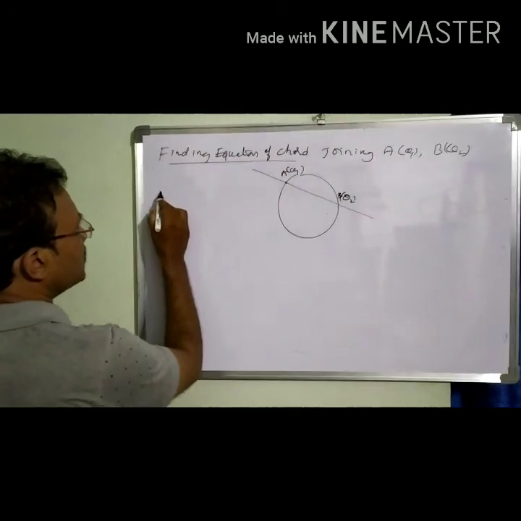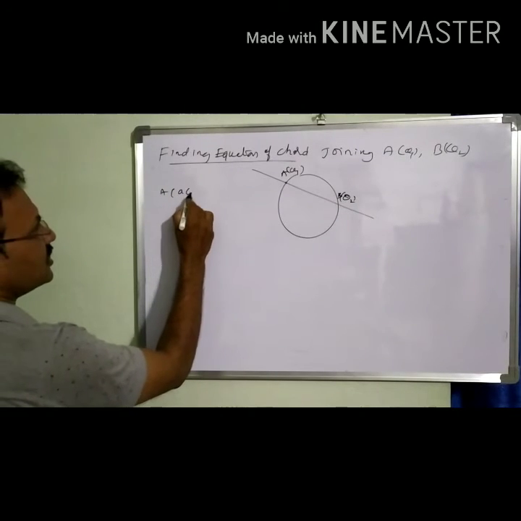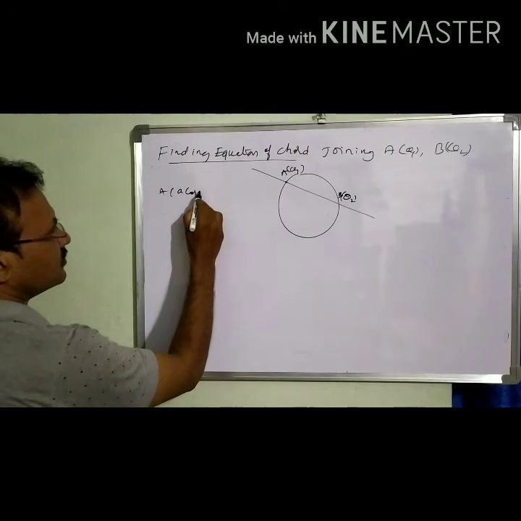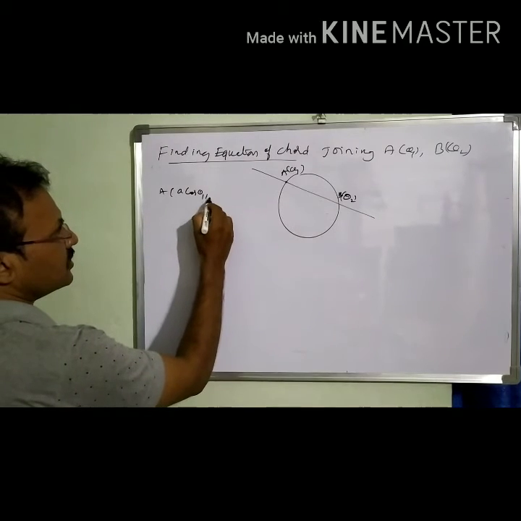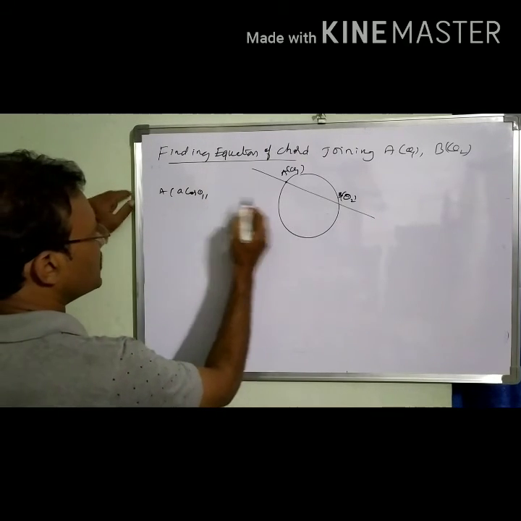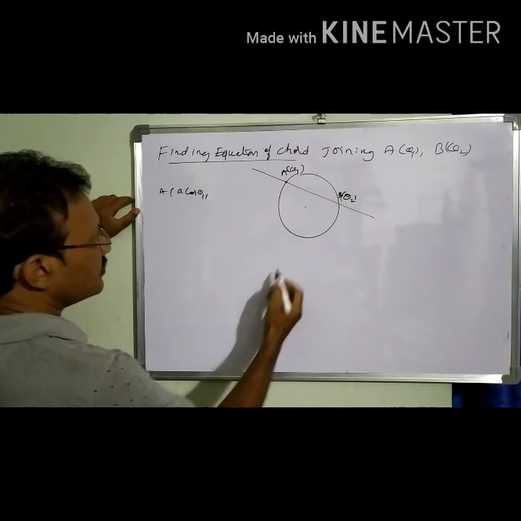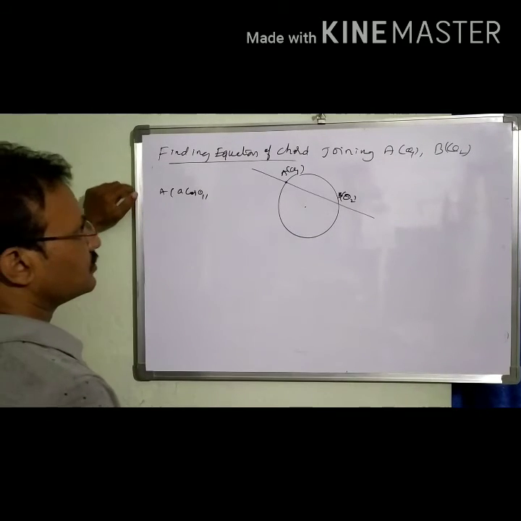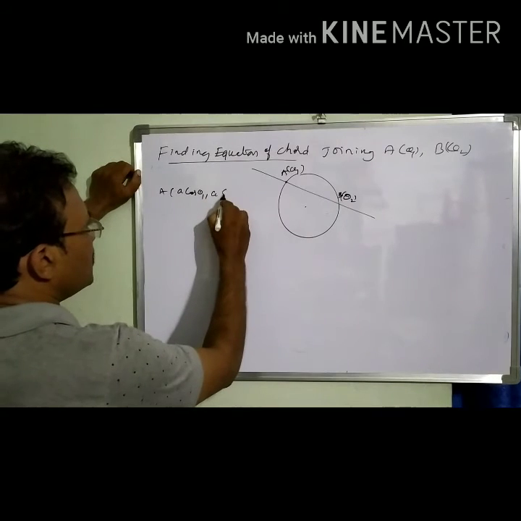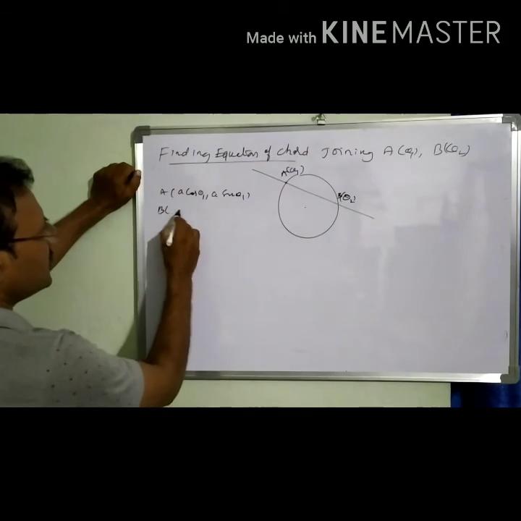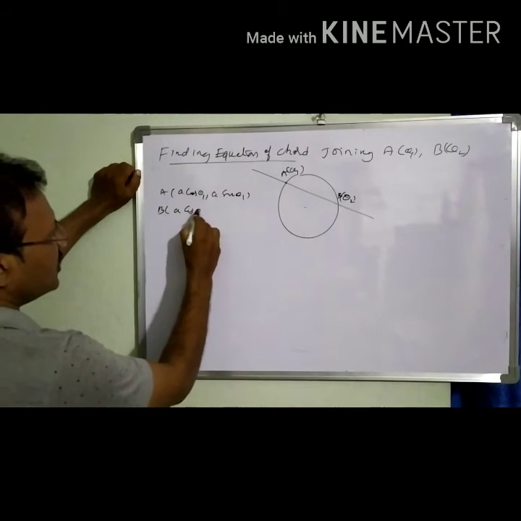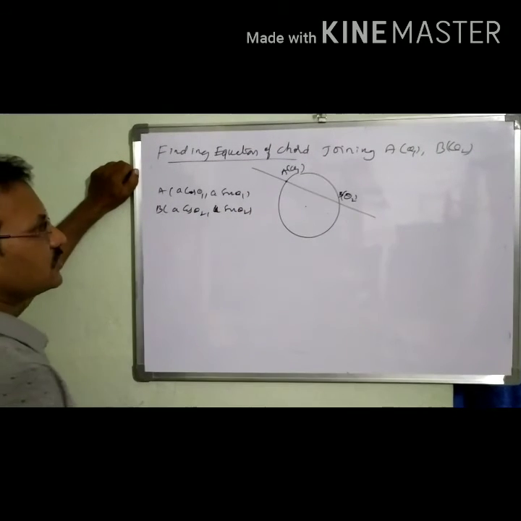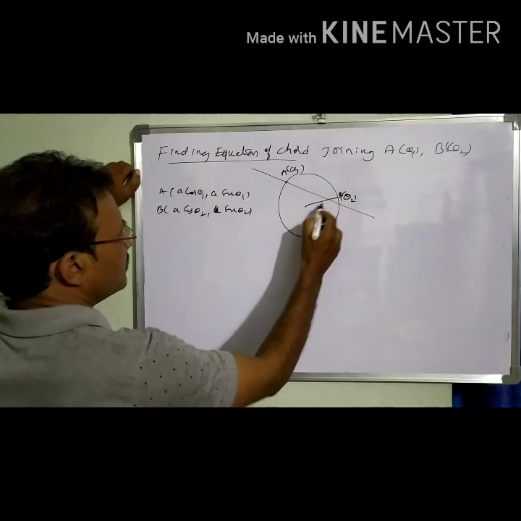In the case of a standard circle, A is a cos theta 1, a sin theta 1, and B is equal to a cos theta 2, comma a sin theta 2, where a is the radius of the circle.